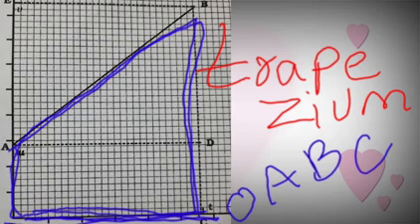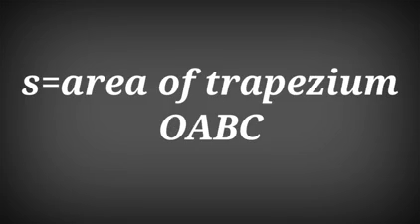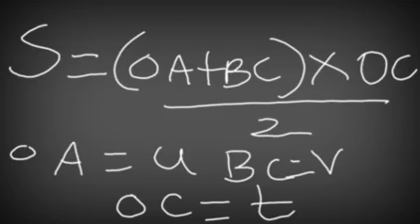Am I right? So we can write S is equal to the area of the trapezium OABC, that is S is equal to (OA plus BC) into OC divided by 2. You know very well OA is U, BC is V, OC is T.